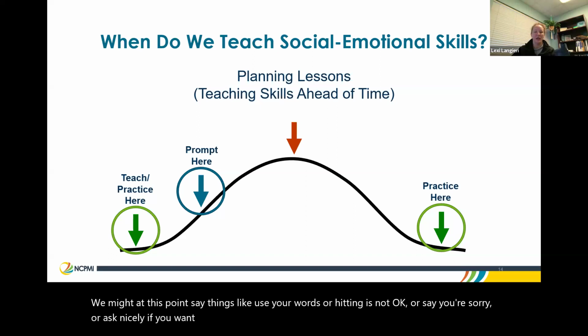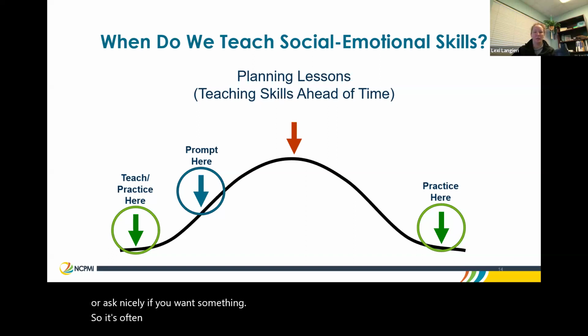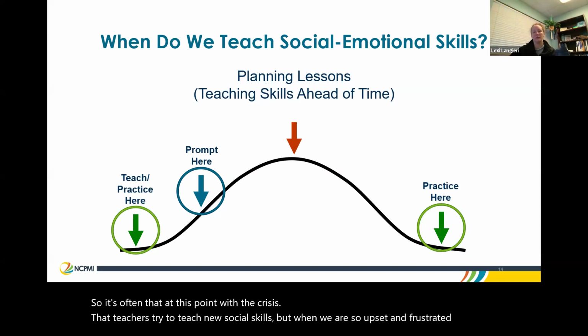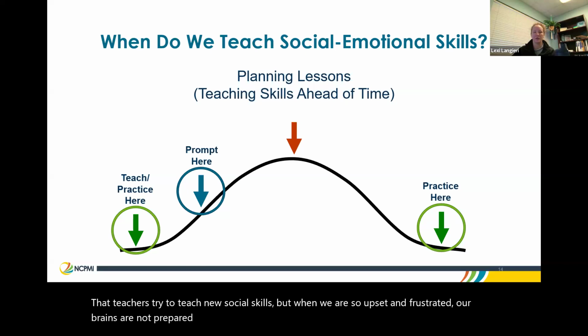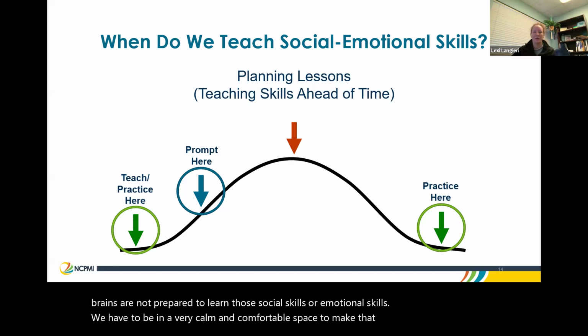So it's often that at this point with the crisis that teachers try to teach new social skills. But when we are so upset and frustrated, our brains are not prepared to learn those social skills or emotional skills. We have to be in a very calm and comfortable space to make that happen.